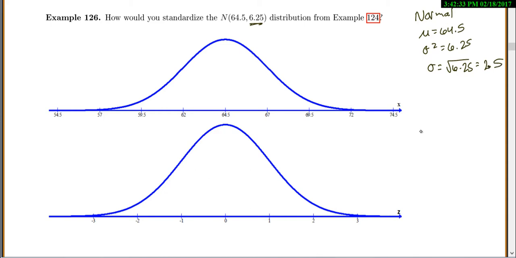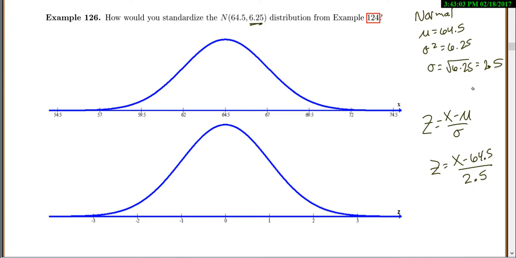So every time you want to standardize, you do z equals x minus the mean over the standard deviation. In our case, it's x minus 64.5 over 2.5. That's what we'll do for every observation.